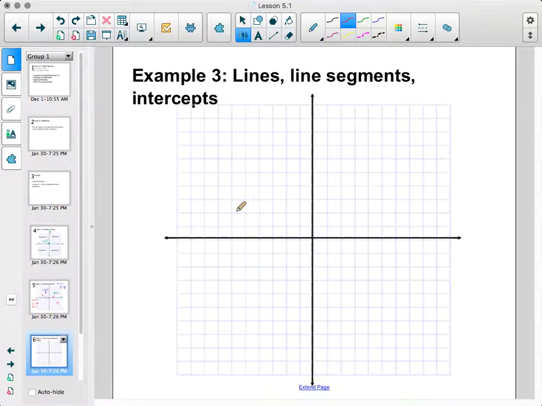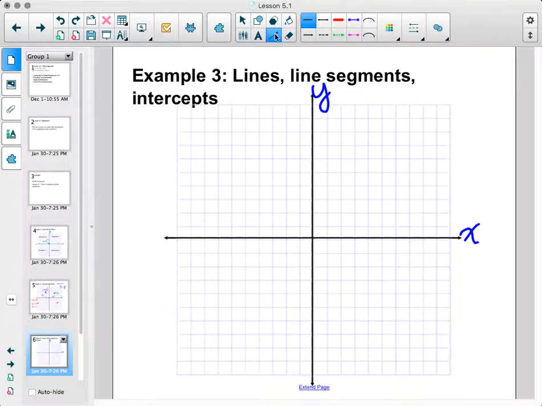Okay, and then the very last thing that we're going to talk about is you can use the same coordinate axis if you want, the XY axis if you'd like, or you can draw a new one. It's up to you. So I'm just going to very, very briefly talk about lines, line segments, and intercepts, and what the differences are. Okay, so line segments are when you're going from one point to another.